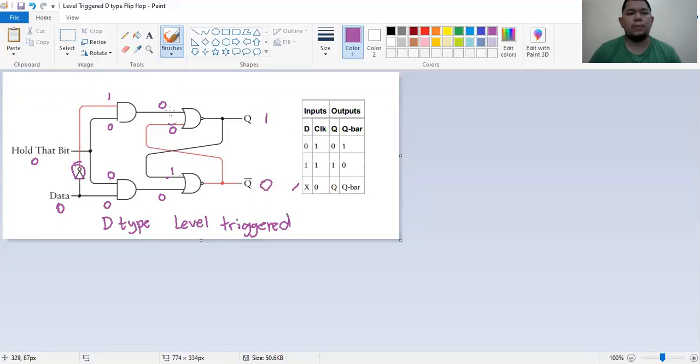So 0 or 0 becomes 0, inverse that becomes 1, and 1 or 0 becomes 1, inverse that becomes 0. So we were not able to change the output because the hold that bit remains 0. Now if we level trigger that, then we'll be able to change the output.